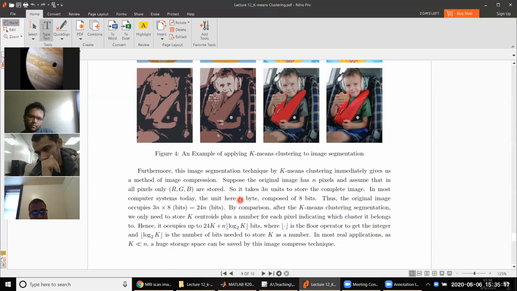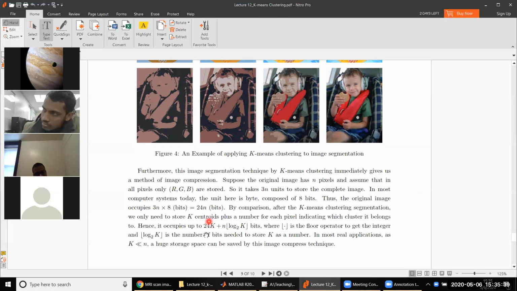Now by comparison, after K-means clustering, we only need to store the K centroids, and for each pixel, I need to store 1 number, which indicates which cluster it belongs to. So what is my storage size? I need to store 24K, meaning the RGB of the K centroids. So I have 24K plus n times log 2K. Why log 2K?